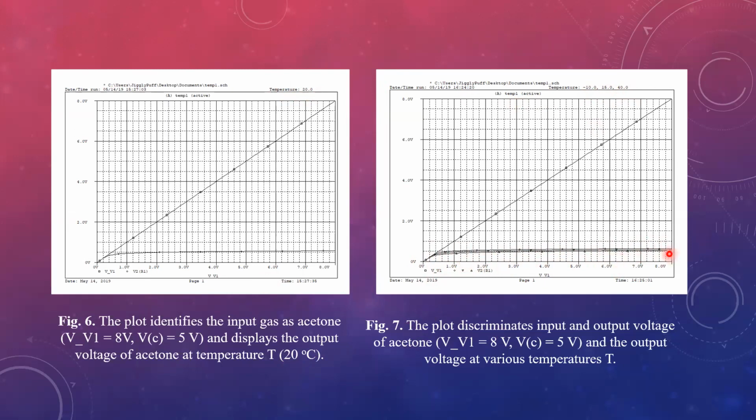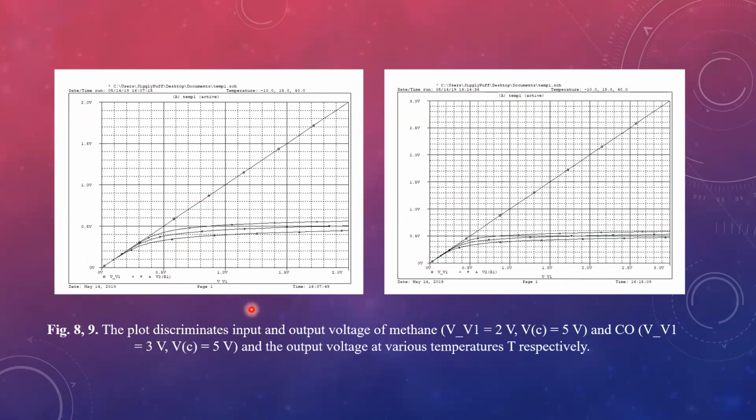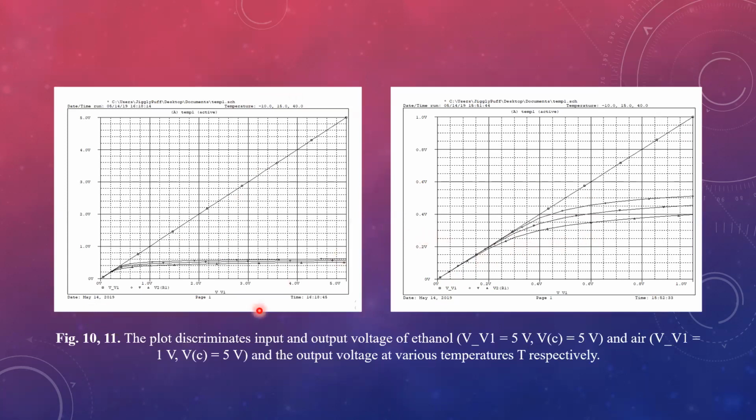There is a little bit of deviation in acetone gas, but you can see far more deviation in other gases. For methane, you can see differences at temperatures minus 10, 15, and 40. It differs very heavily. Also for CO gas, carbon monoxide, you can see that it has variation. Similarly for the other gases, like ethanol and air, these three curves are at minus 10, 15, and 40.